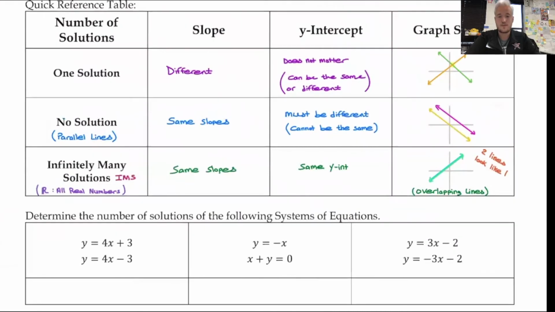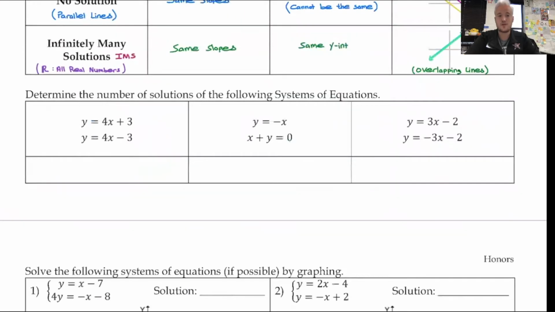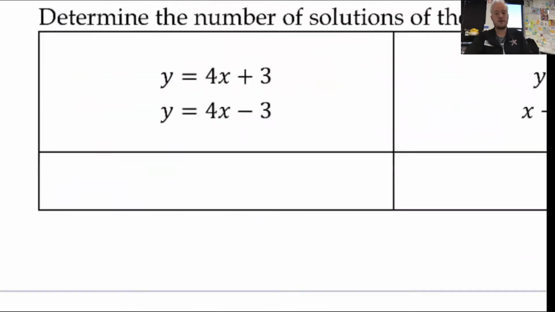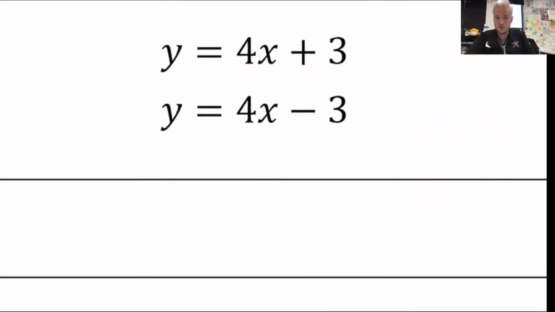All right. So now looking down here, we just want to determine the number of solutions. So looking at this very first one here, we have y equals 4x plus 3 and y equals 4x minus 3. All right, so looking at this top equation, I have a slope of 4 and a b value of 3, or y-intercept.